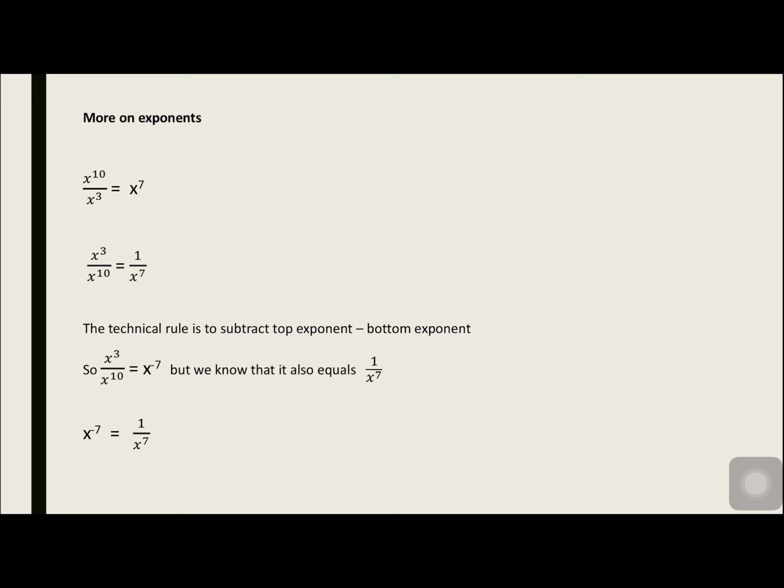The technical rule is to subtract top exponent minus bottom exponent. So x to the 3 divided by x to the 10 is x to the negative 7, because 3 minus 10 is negative 7. But we know that it also equals 1 divided by x to the 7. So x to the negative 7 equals 1 over x to the 7.